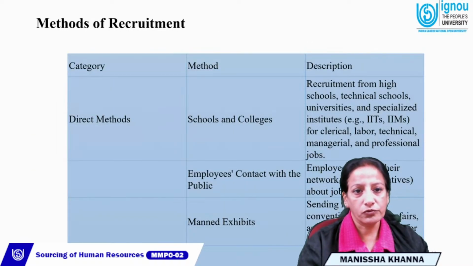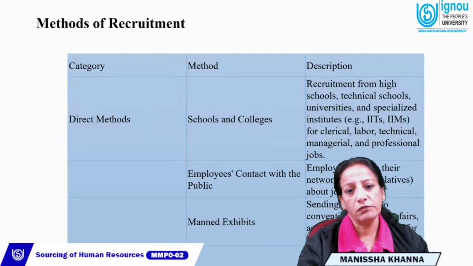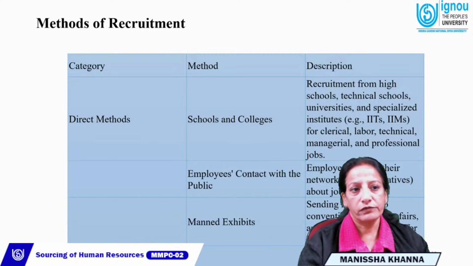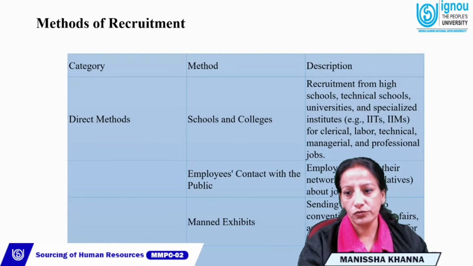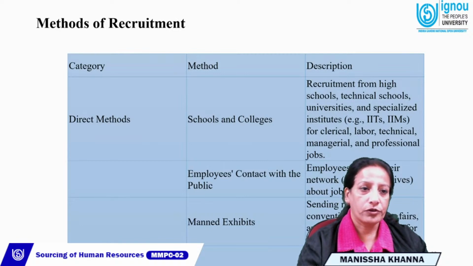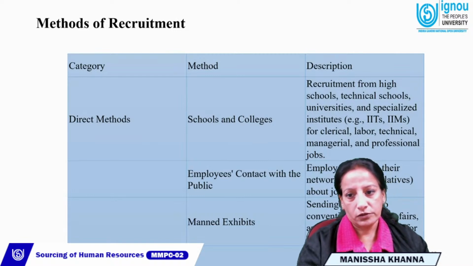So methods of recruitment, when we say it is direct method or indirect method, and there is another, third party method. When we say direct method, it is directly through the schools and colleges. The recruitment agency or the organization approaches the colleges or the students of the higher education institutions, IITs or IIMs, or even under the initiatives they are undertaking.